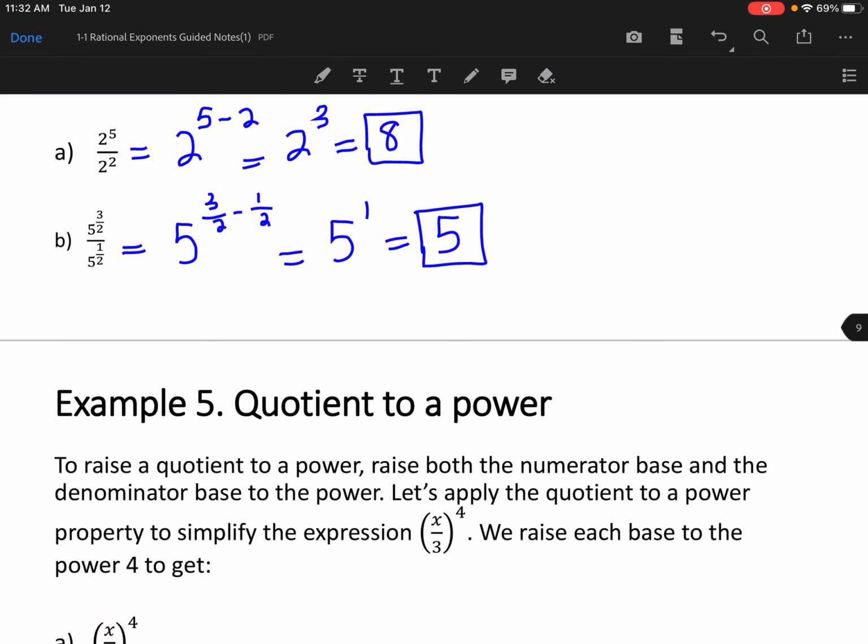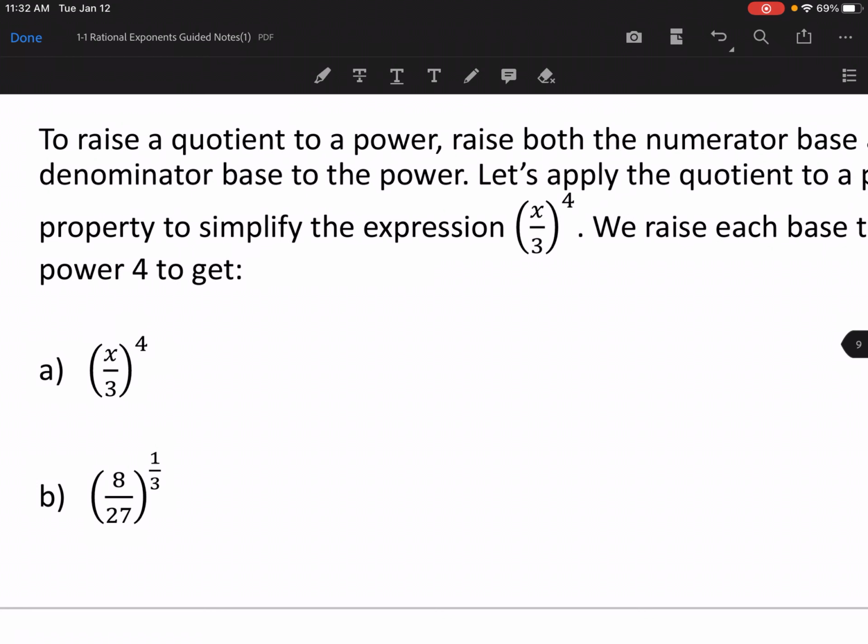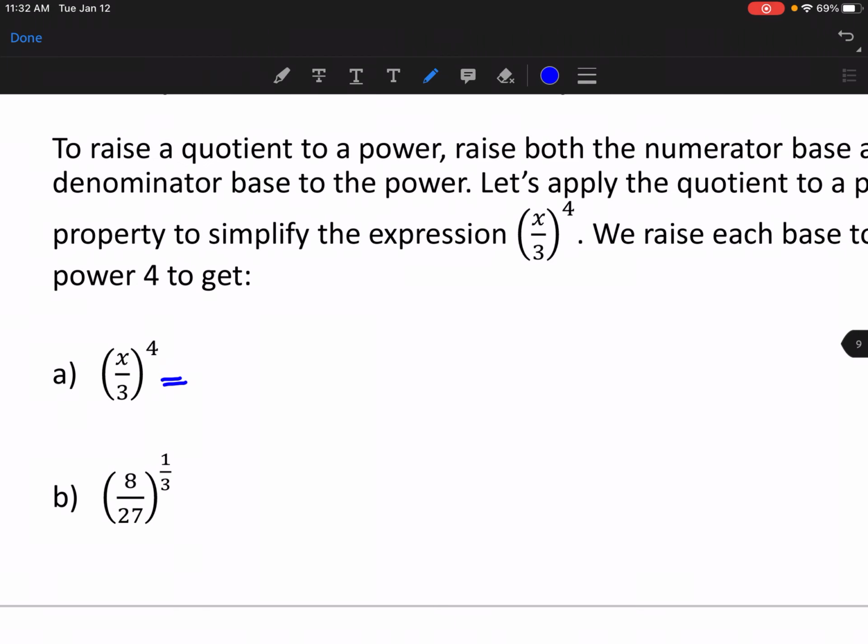All right, what if we have quotients to a power? To raise a quotient to a power, raise both the numerator base and the denominator base to the power. So let's apply the quotient to a power property to simplify the expression x over 3 to the 4th. So for this one, we need to raise each factor to the power, the exponent. So if I have x over 3 to the 4th, then we're going to take x to the 4th over 3 to the 4th.